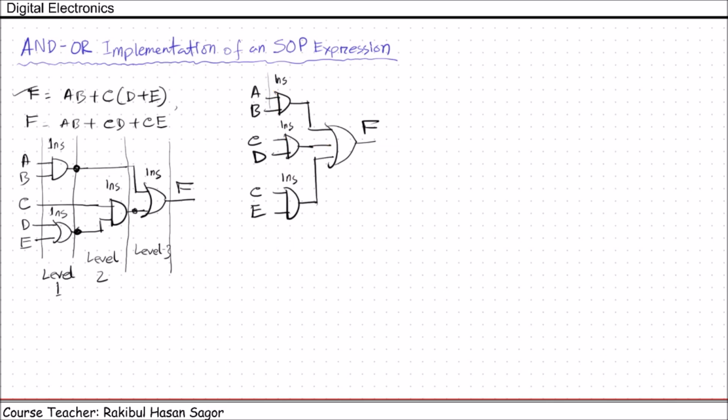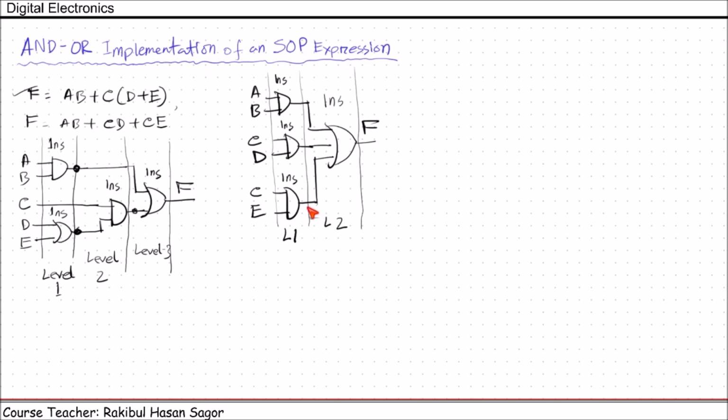So this is level 1, and this is level 2. After 1 nanosecond, all these outputs will be available, and after the second nanosecond, the function output will be available. So after 2 nanoseconds, we'll get the output. So this is AND-OR implementation of an SOP expression.